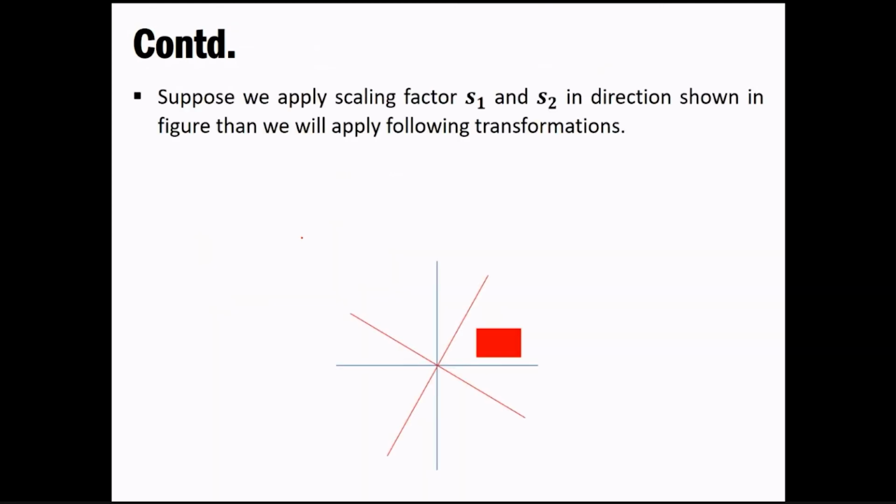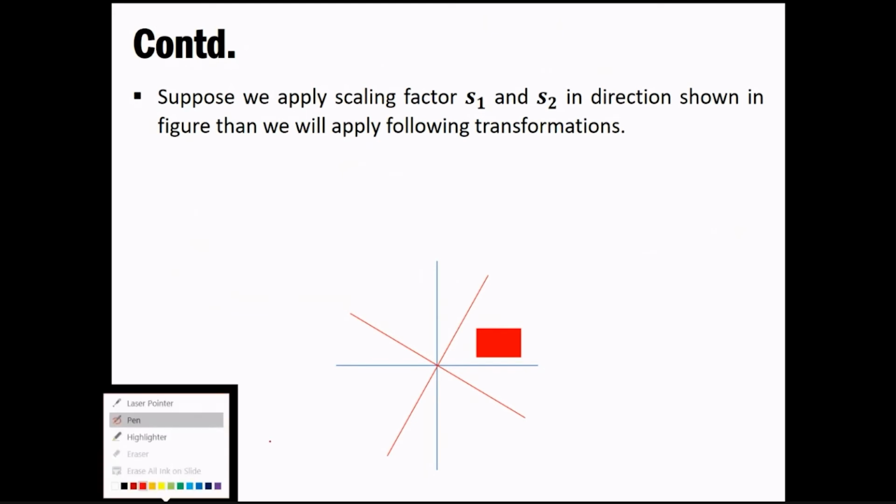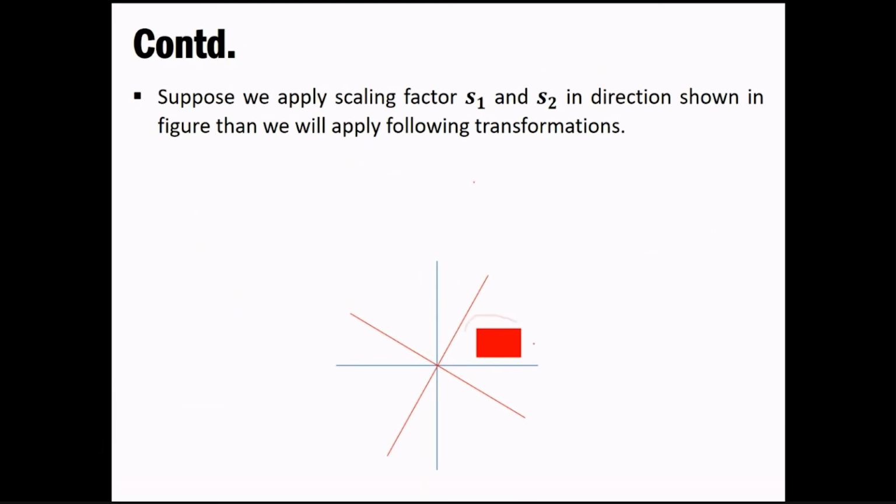Now the basic thing we want to perform is scaling on this object. But suppose some direction is given to you. Instead of taking the base direction, you cannot perform the scaling operation in just this particular direction.